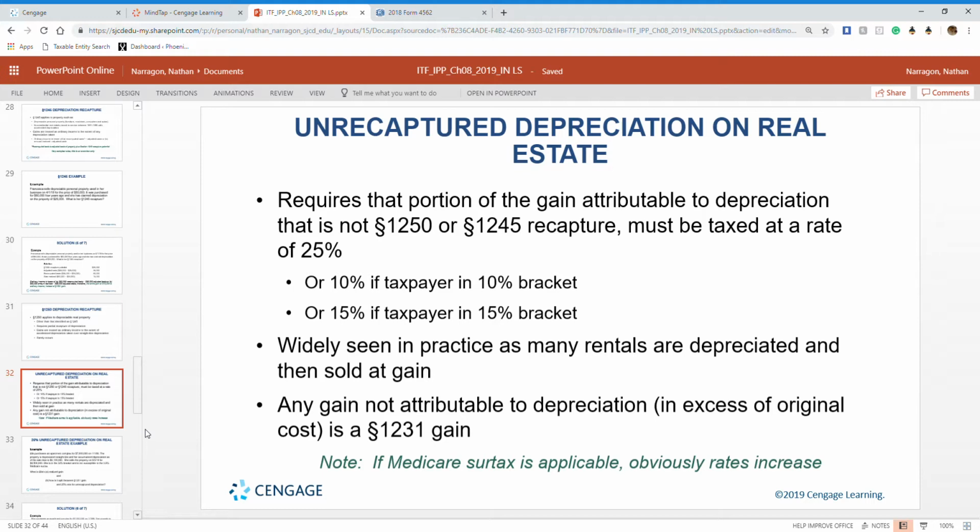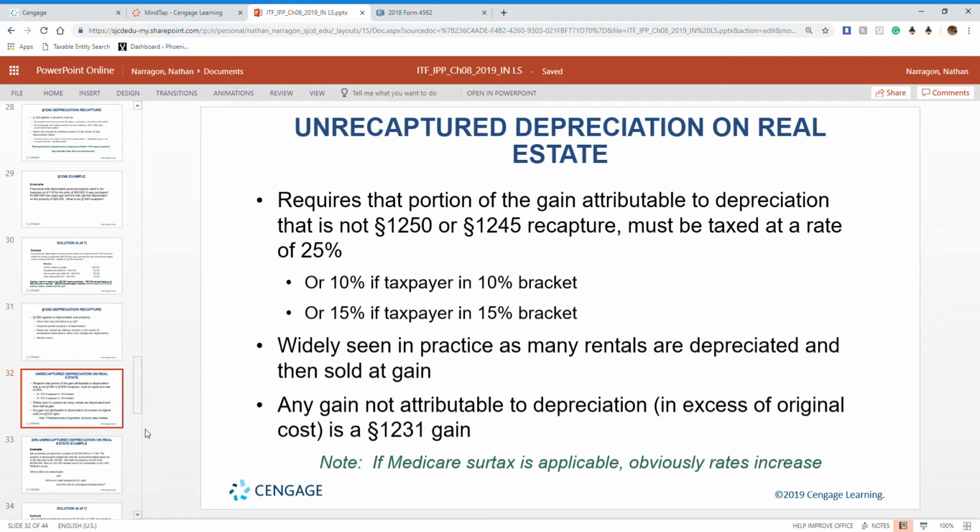Okay, cool. So this is widely seen in practice for rental property, because usually rental property is depreciated and sold at a gain. Any gain not attributed to depreciation in excess of the original cost is our 1231 gain. And this does state Medicare surtax.